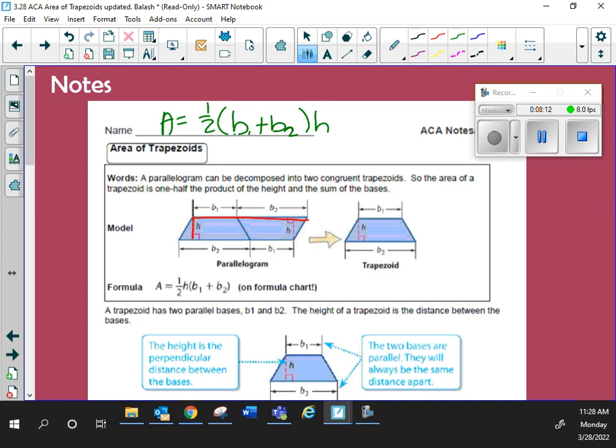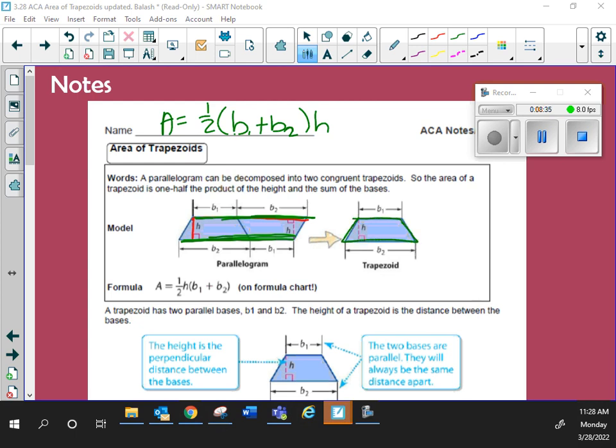Now, what do y'all notice about those two bases? Those bases are what to each other? They are parallel. Okay? Miss Lytle will spice it up. I'm letting you know right here and right now. The bases I won't always have on the bottom and the top. I can rotate a trapezoid very easily.